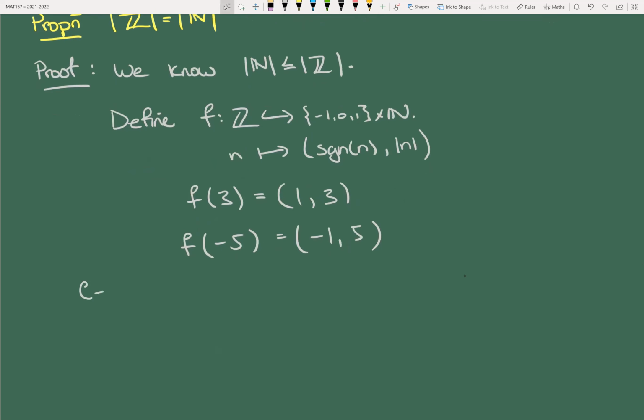So certainly f is injective, right? Because the only way that two things have the same number on the right is if they have the same absolute value. There's only two numbers that have the same absolute value, right? So in this case, 5 and -5 have the same absolute value, but then the first element of the tuple is going to be different, right? Because if it's +5, you're going to get (1, 5), and if it's -5, you get (-1, 5). Those are different. So certainly f is injective.